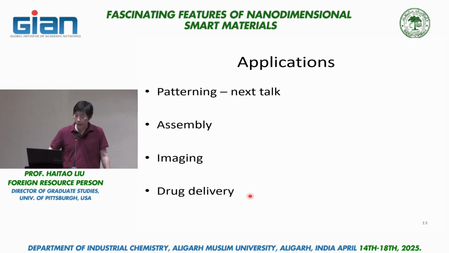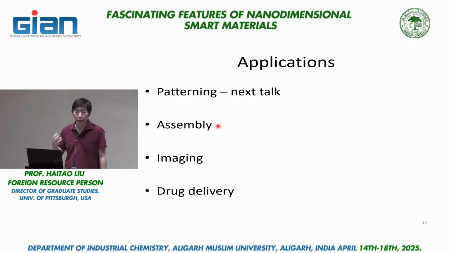A lot of the applications involve some kind of patterning, and I'll spend a bit more time discussing the work in my lab that revolves around patterning, but also assembly of other materials.